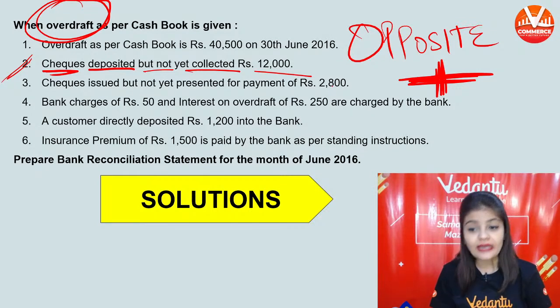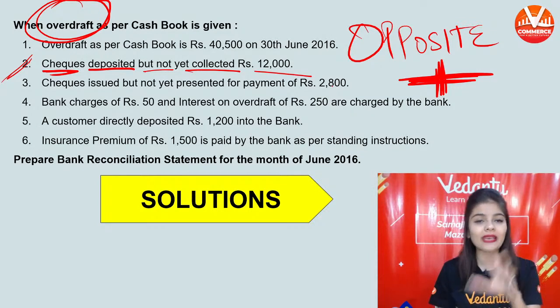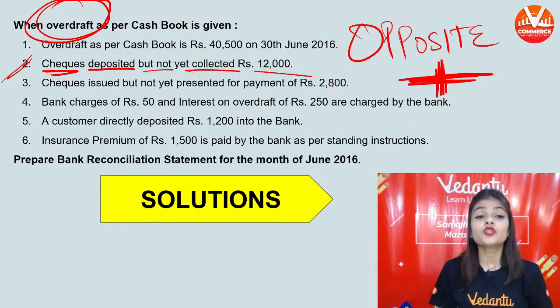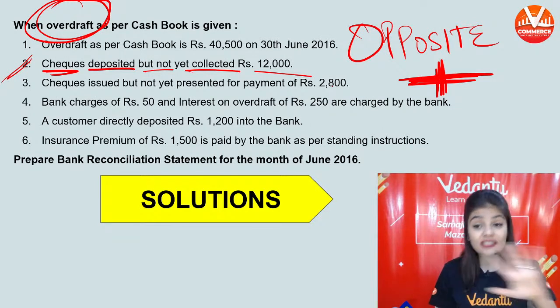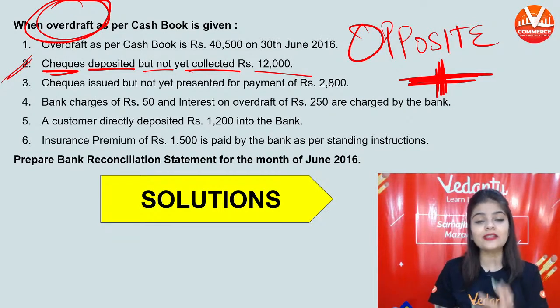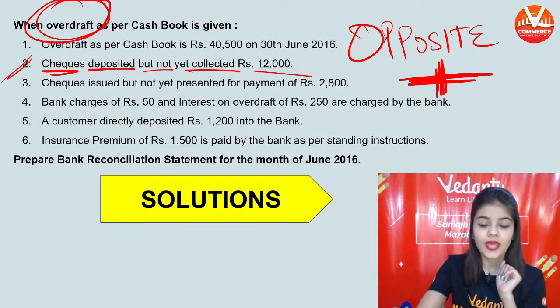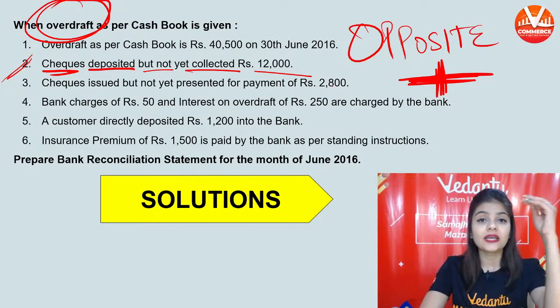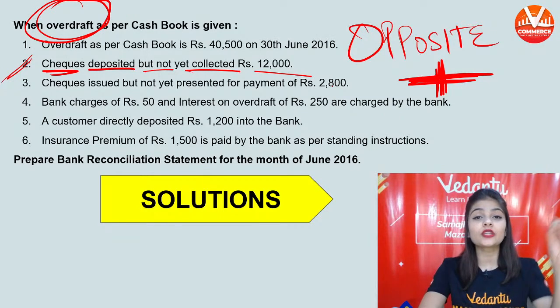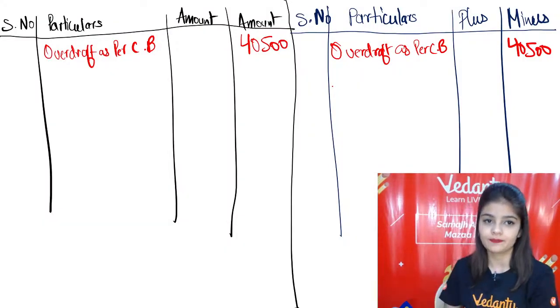Yes, Vijayan, in the first format, it will be amount details. So we will add 12,000. We will not subtract it. Those who are saying minus, your answers are wrong. We will add 12,000. Now, how will I note it down in the format?